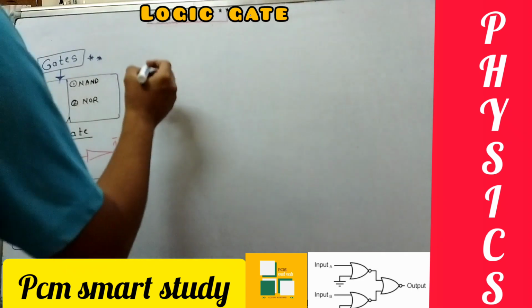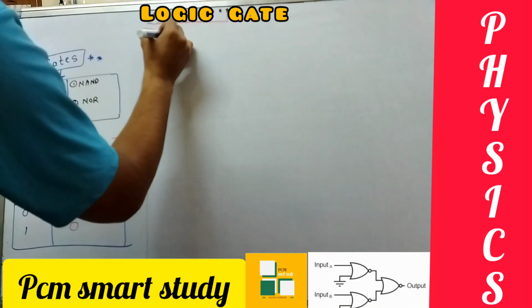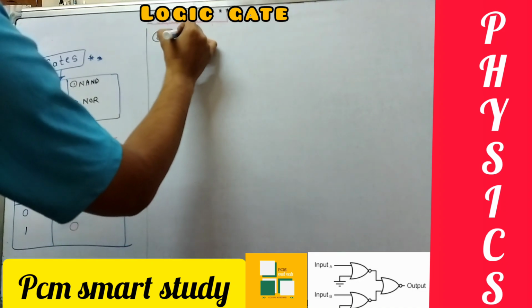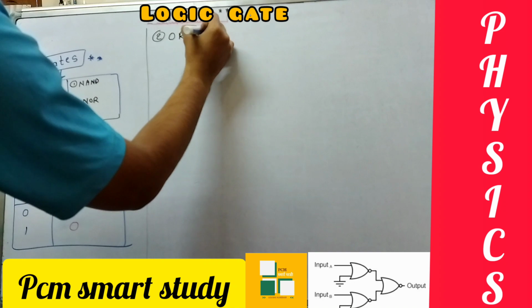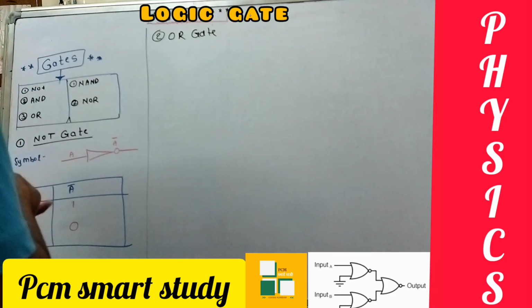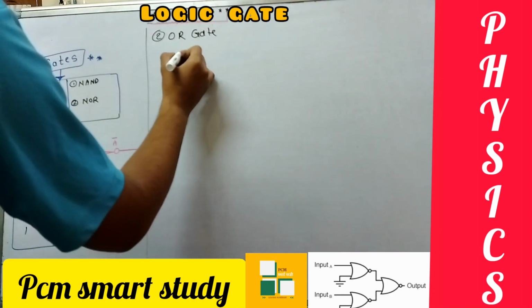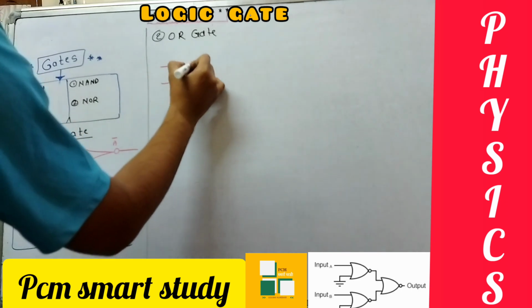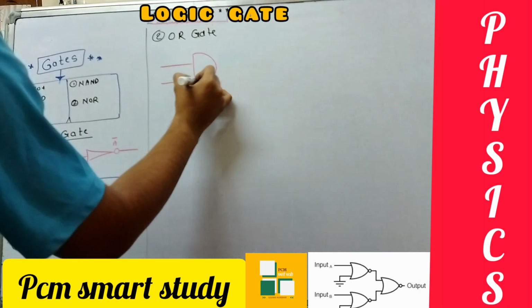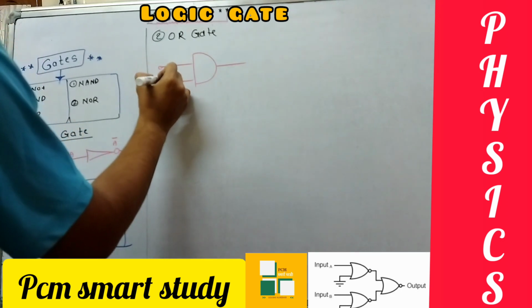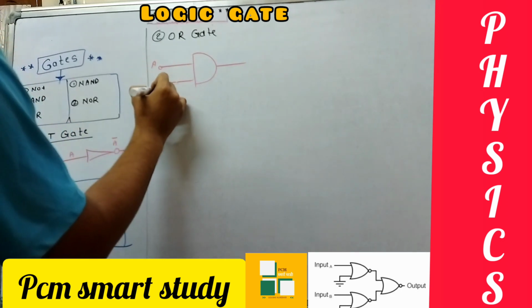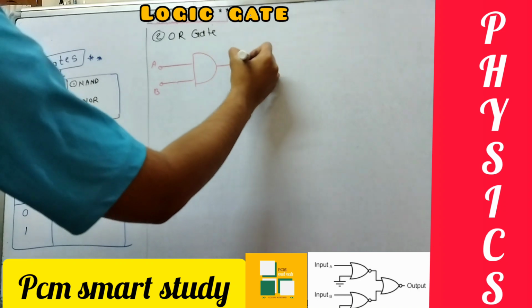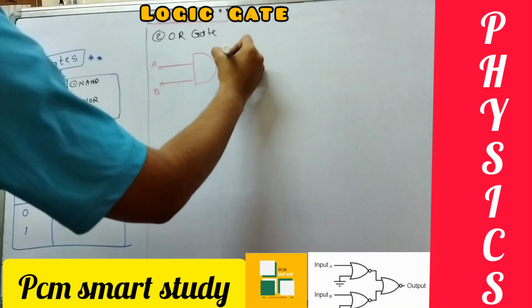Next gate is the OR gate. This is denoted by this symbol. In the OR gate, there are two terminals, A and B, and it is used for addition. The output gives A plus B, meaning addition.